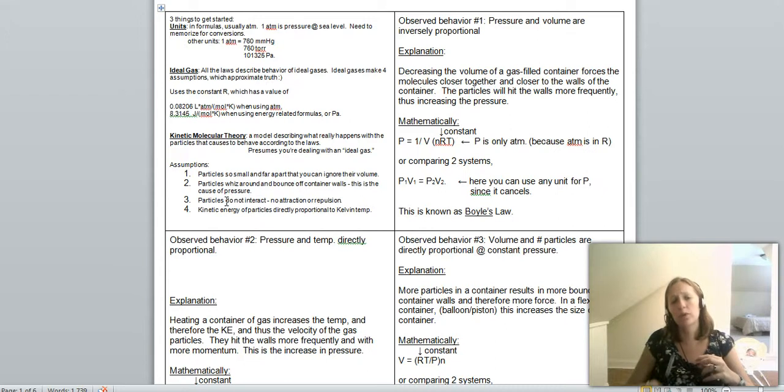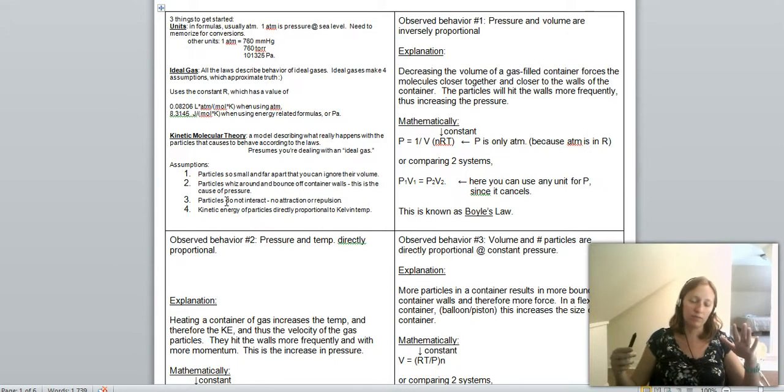And then assumption number four, the kinetic energy of the particles is directly proportional to the Kelvin temperature. The kinetic energy is 1/2 mv squared, the mass times the velocity squared, and we'll get into that later again. But when you're asking how much energy does this particle have, what's important is basically what temperature is it?